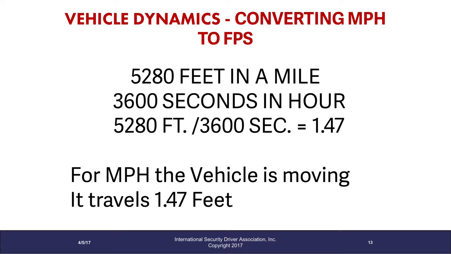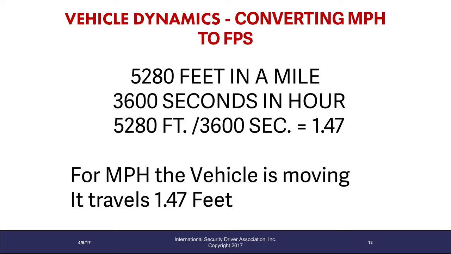We get that by taking the 5,280 feet, which are in a mile, and the 3,600 seconds that are in an hour, and we divide them by each other. So, if we divide 5,280 feet by 3,600 seconds, we will get the number of 1.47.